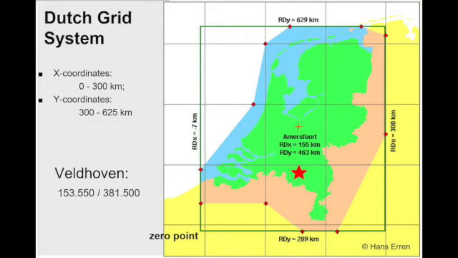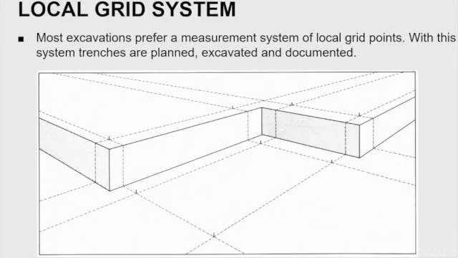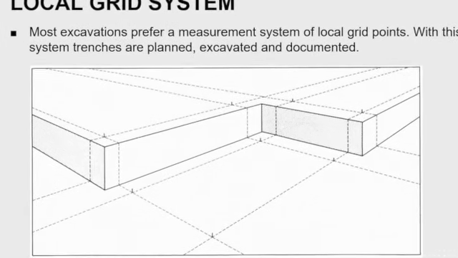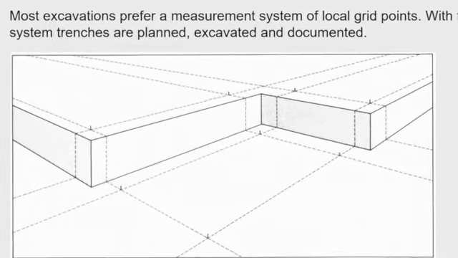To avoid confusion, the X and Y coordinates are never the same, and no negative numbers exist. So, X coordinates in the Netherlands go from 0 to about 300 kilometers, and Y coordinates from 300 to 625 kilometers.